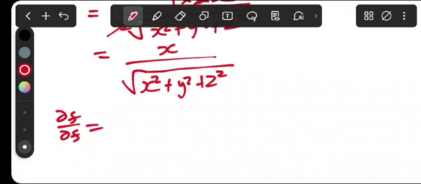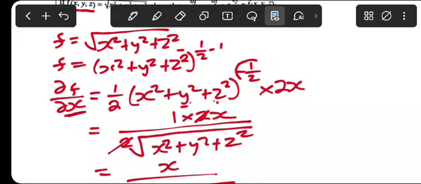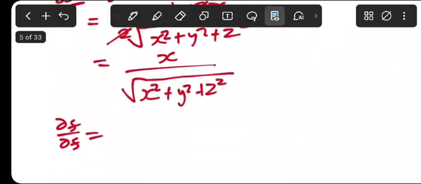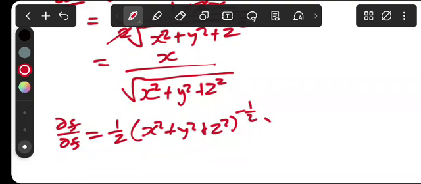Here was our original equation. We drop the exponent, multiply by 1 over 2, times x squared plus y squared plus z squared to the minus 1 over 2, and the other terms become 0, multiplied by 2y.